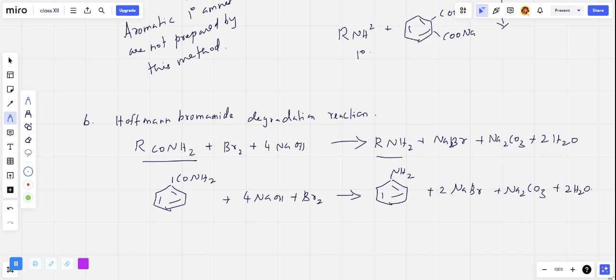So the first one is for aliphatic, the second one is for aromatic. But both are Hoffman bromamide degradation reaction. Understood?